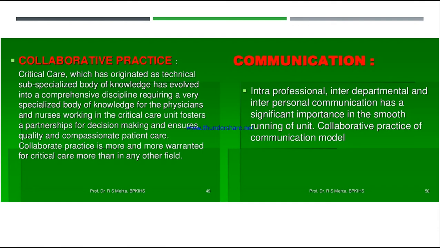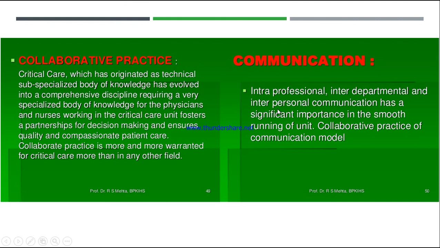So collaborative practice here means that the nurse should not only have a good interpersonal relationship with the other nurses, but should also have good IPR with the doctors, with the lab technicians, with the housekeeping staff, and with those persons working in labs, or technicians. There should be good bonding and good communication, interpersonal relationship between the two. So that is called collaborative practice.